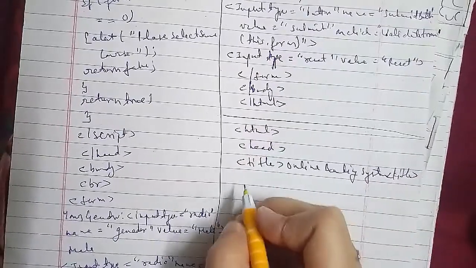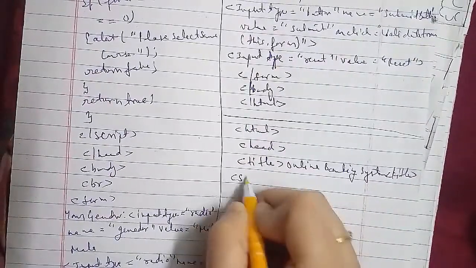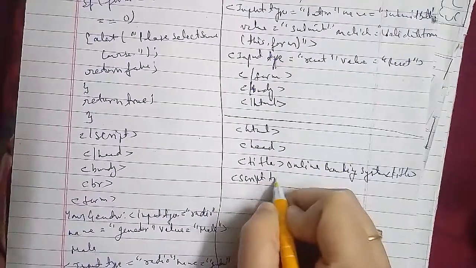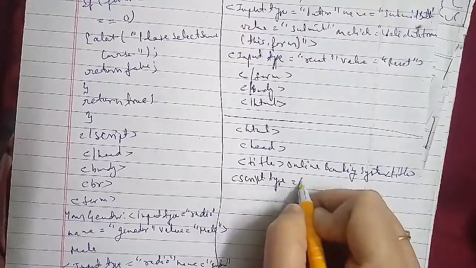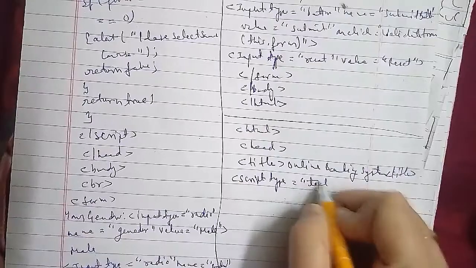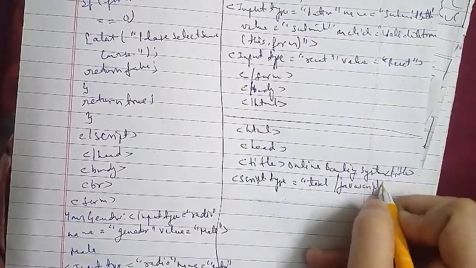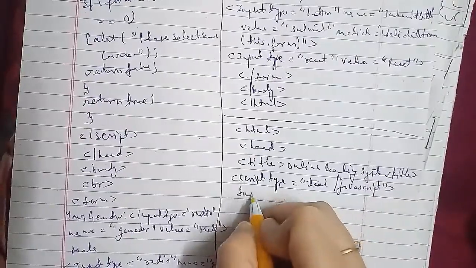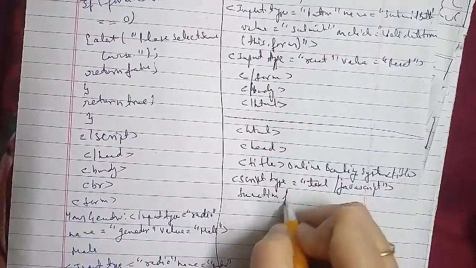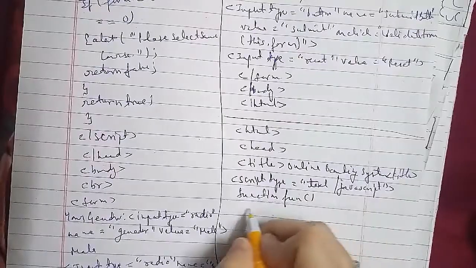We'll open another line, tr tag open, then td tag open, another one, b tag open, then password, b tag close, td tag close, td tag.